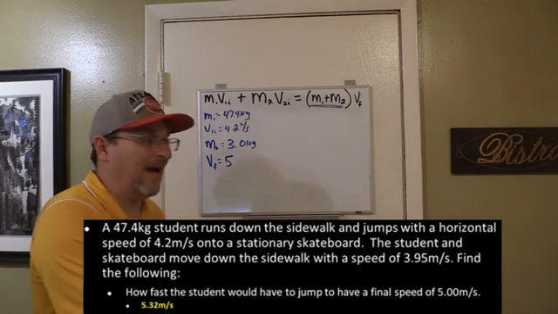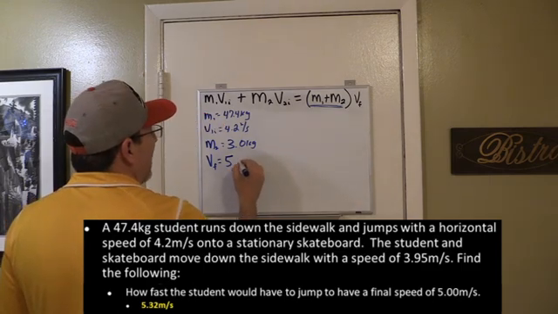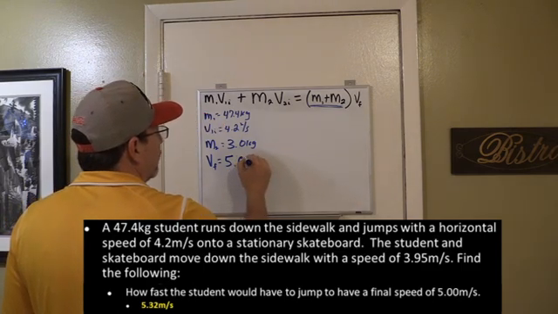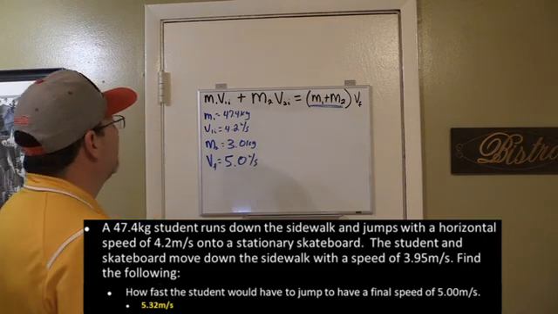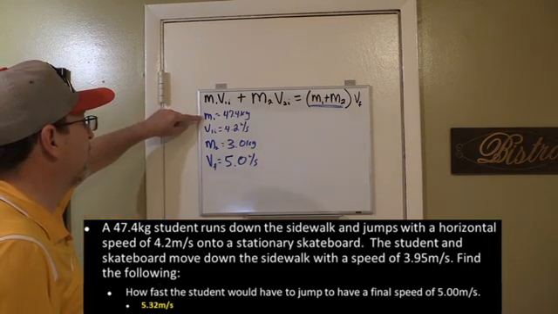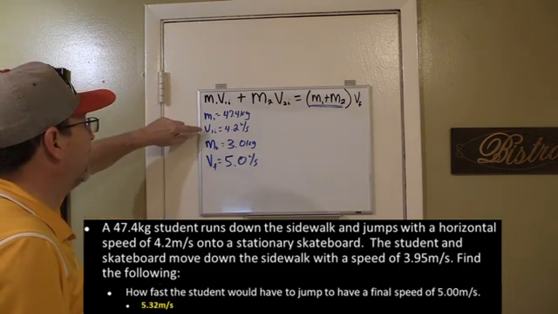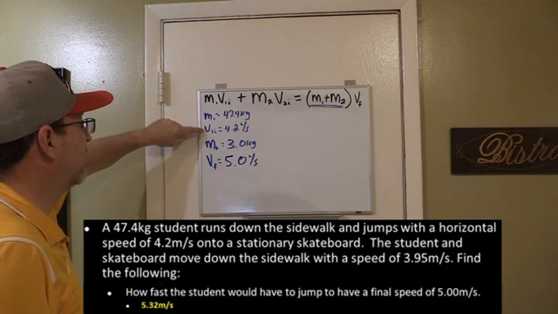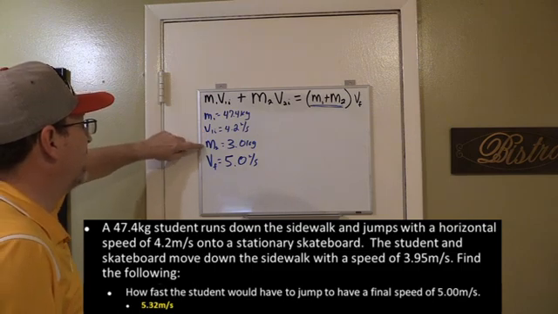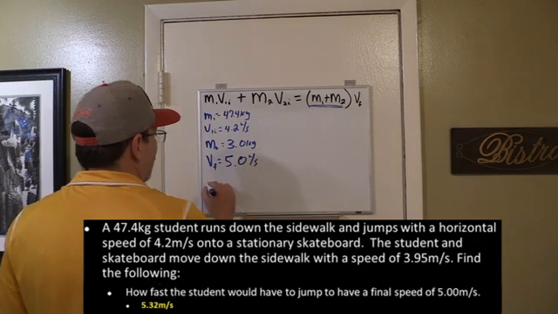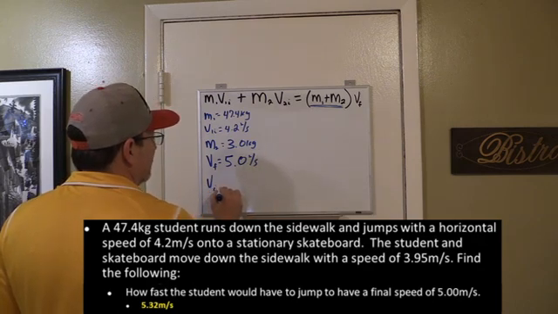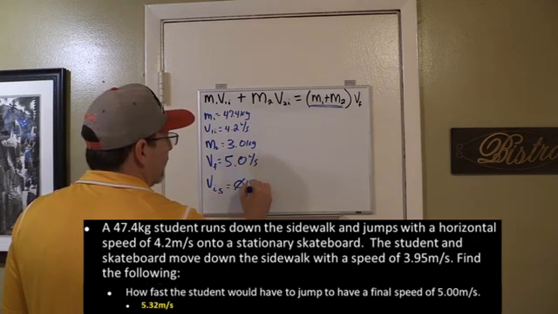My tablet just died. So it's 5.0 meters per second. So I've got initial velocity for the skater. The mass of that, and also I know the velocity initial of the skateboard was 0.